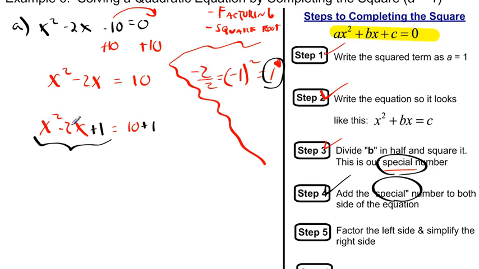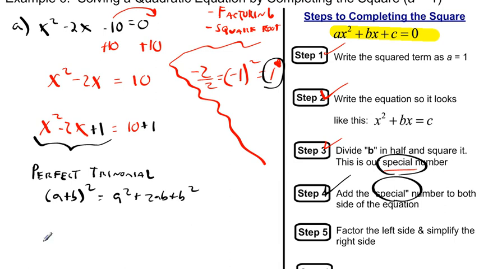Does anybody remember what that little guy is called? This is called a perfect trinomial. A perfect trinomial was this: a plus b squared, which was a squared plus 2ab plus b squared, or the other perfect trinomial was a minus b squared, which was a squared minus 2ab plus b squared.